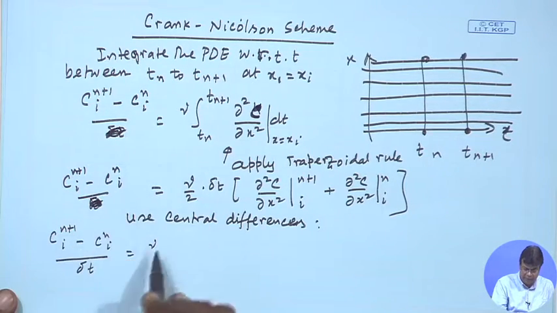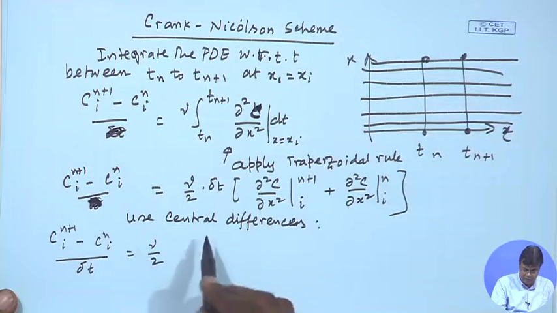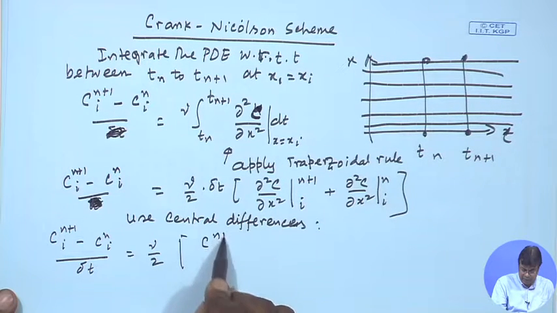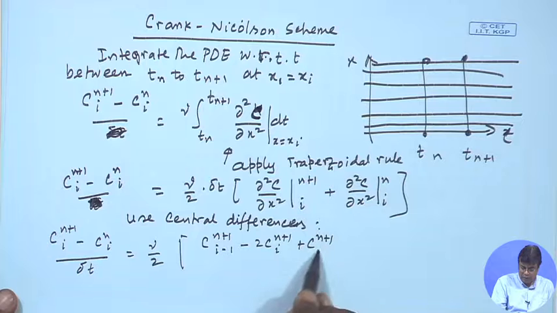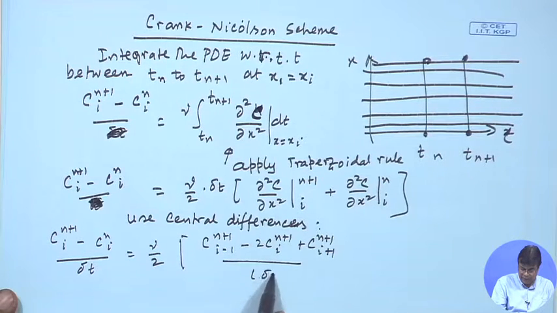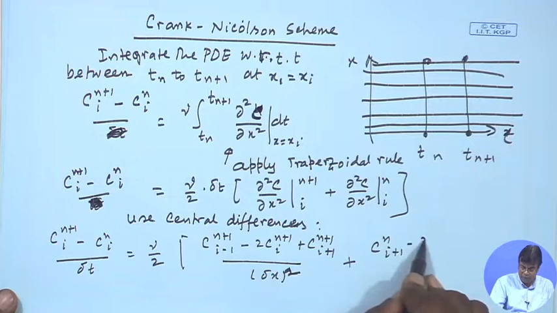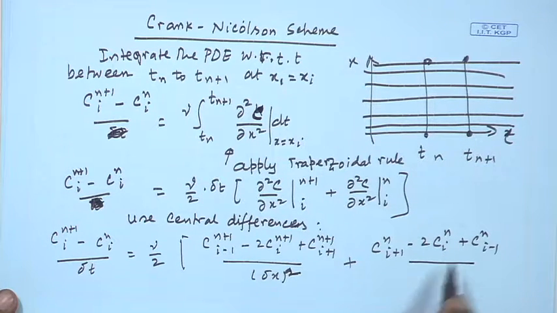So there is no delta t over here. So nu by 2, this delta t went there. So C n plus 1, i minus 1 minus 2 C n plus 1, i plus C n plus 1, i plus 1 by delta x whole square, plus C n, i plus 1 minus 2 C n, i plus C n, i minus 1 by delta x whole square.